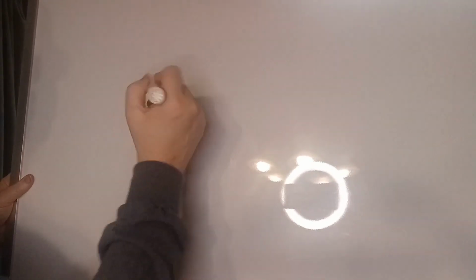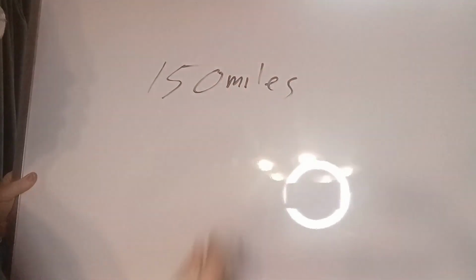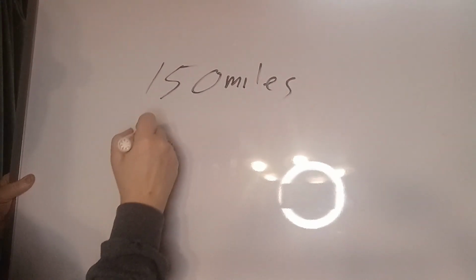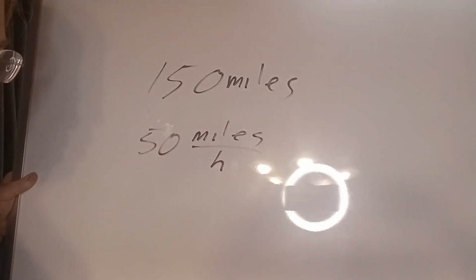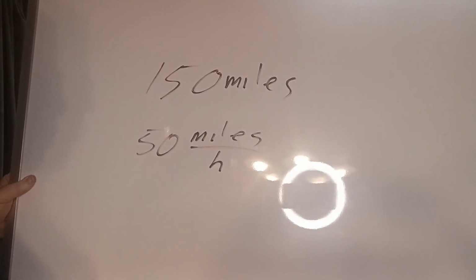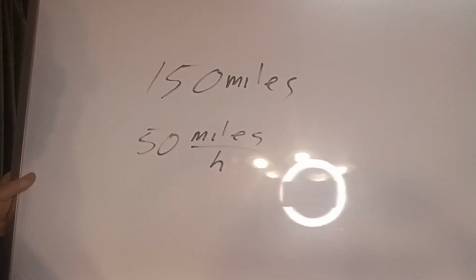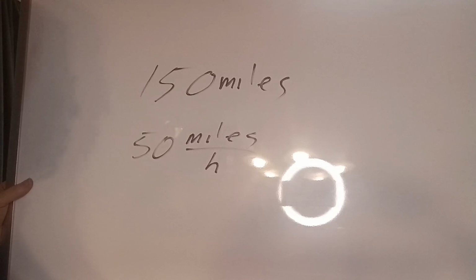So if we are going 150 miles and we're driving 50 miles an hour, do we multiply those or divide them? The units will tell us, okay? We don't just do math with numbers. We do it with the units as well.